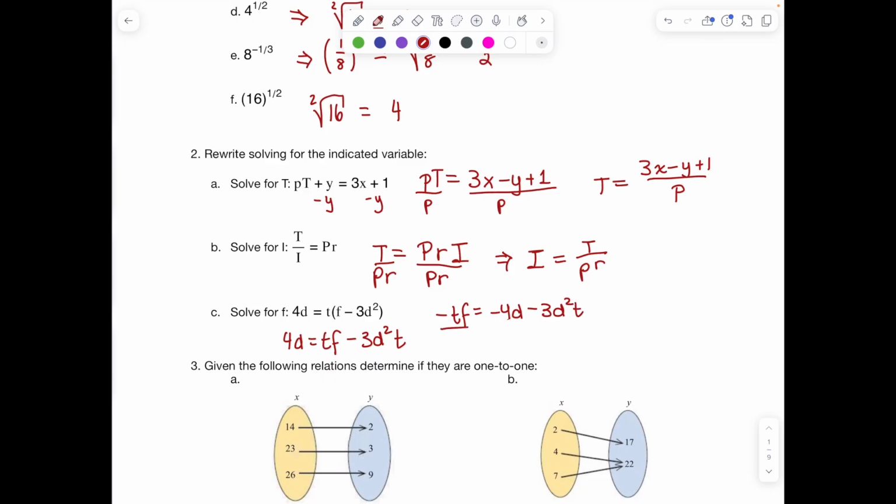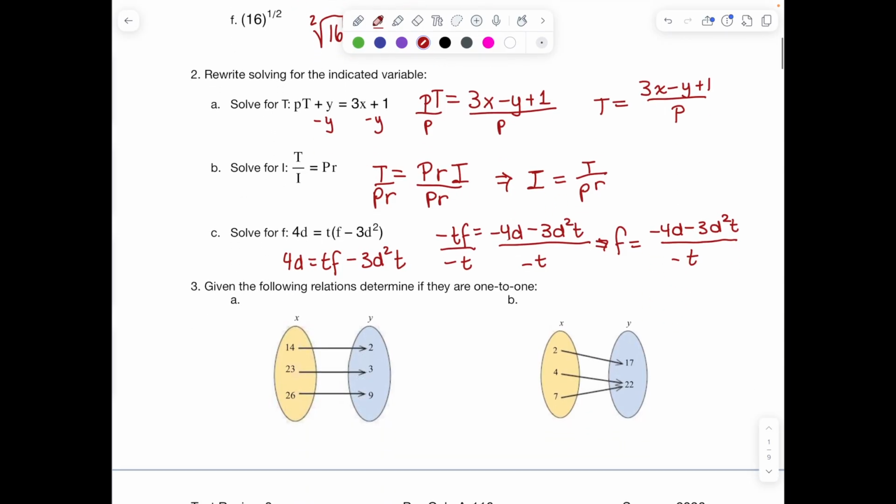Okay, now I'm going to divide by negative t, and I get f equals negative 4d minus 3d squared t all over negative t.